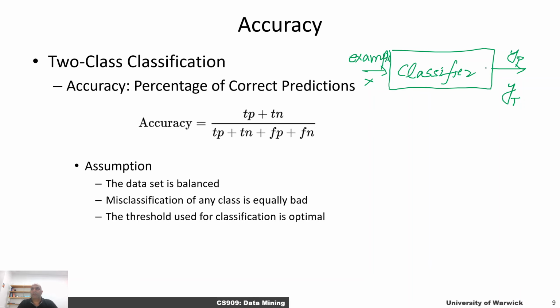If the classifier is a binary classifier, that is, it can discriminate between two different classes, positive and negative, we can have true positives, true negatives, false positives, and false negatives for a given validation or test data set. So we've trained the classifier and then we are testing it on a data set that it has not seen before.